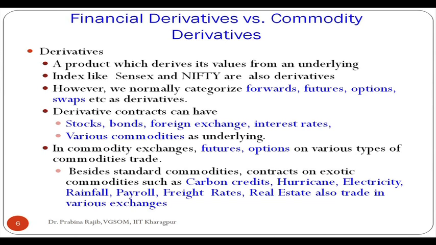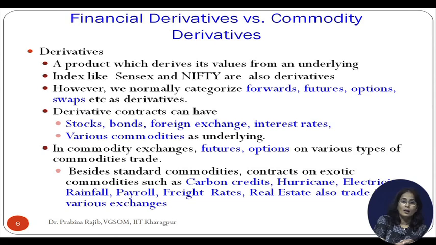In commodity exchanges, futures and options on various types of commodity contracts trade, such as gold, silver, agricultural commodities, and many other types of commodities available for trading in many commodity exchanges all over the world.